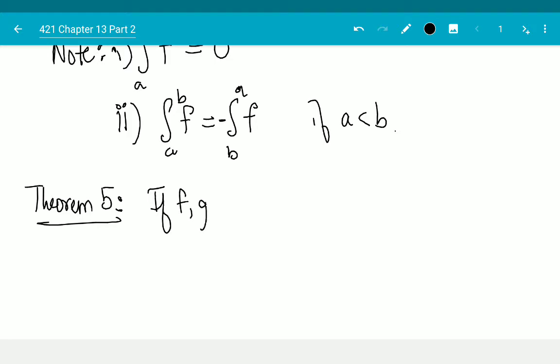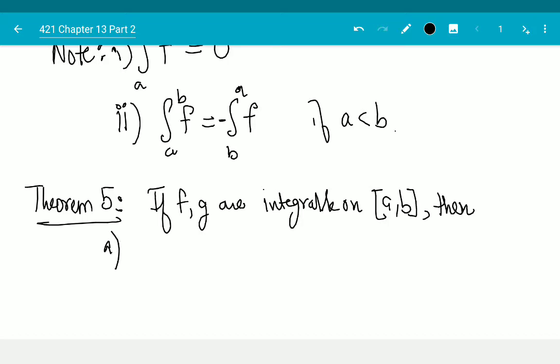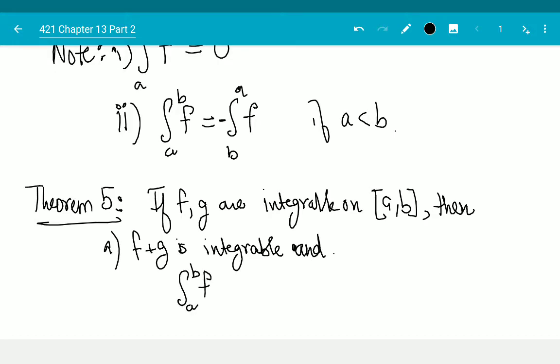If f, g are integrable on a to b, then first, f plus g is integrable, and integral a to b of f plus g is equal to integral a to b of f plus integral a to b of g.